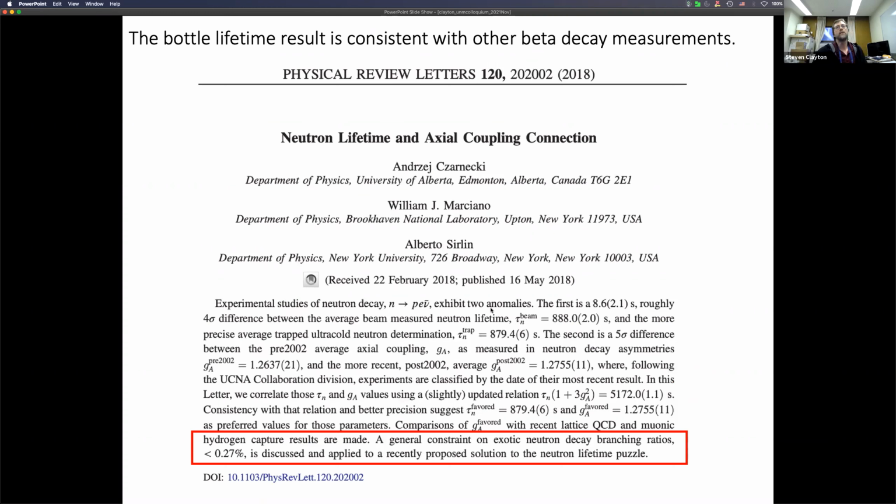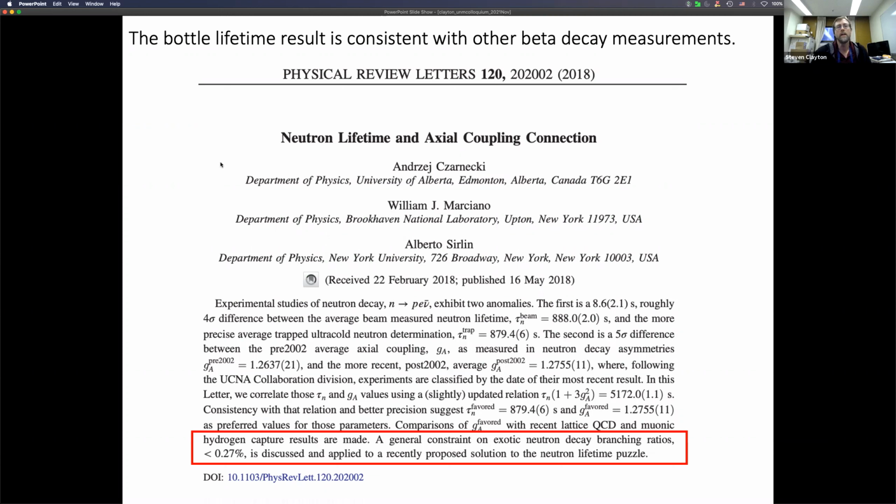Another reason to prefer one, beam or bottle, versus the other is that you can look at other beta decay measurements and try to come up with a consistent picture. This was the argument that Czarnecki, Marciano, and Sirlin made, that the bottle lifetime is consistent with other beta decay measurements.